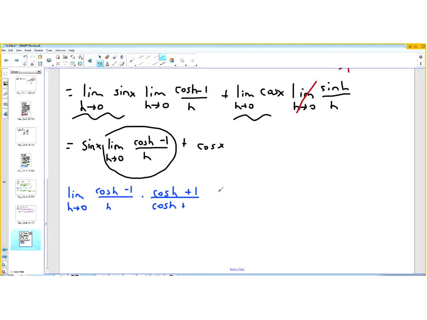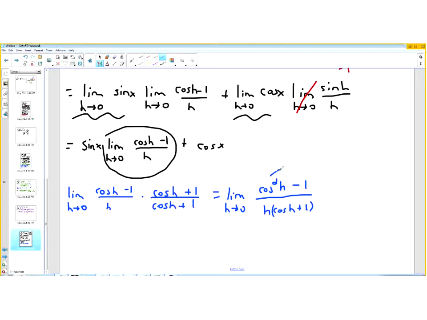And so that becomes the limit as h approaches 0 of cosine squared h minus 1 over h times cosine h plus 1, since this evaluates to a difference of two squares.